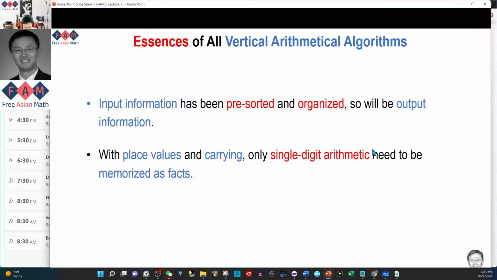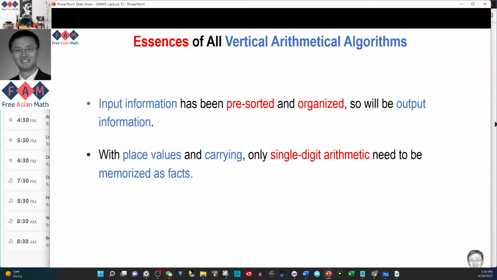The second important property of vertical, in this case addition, is that with place values and carrying, with those two things, you only need to memorize single digit arithmetic, because that's all you need to do.